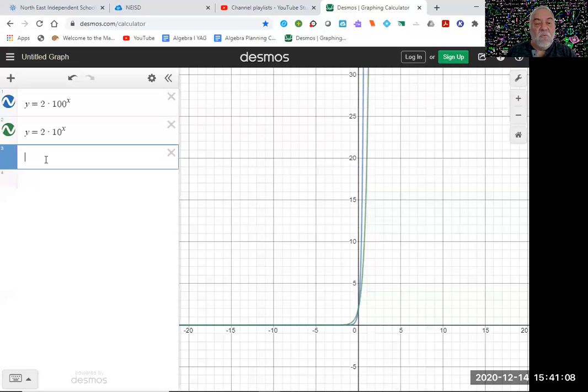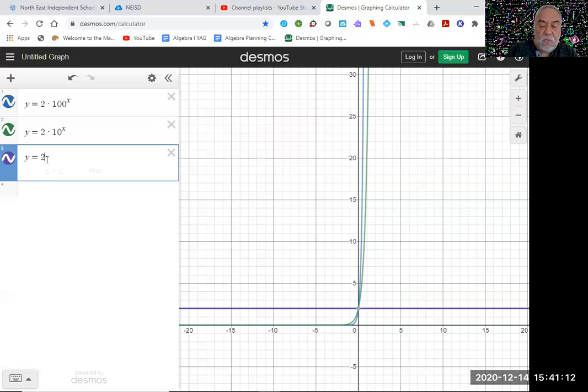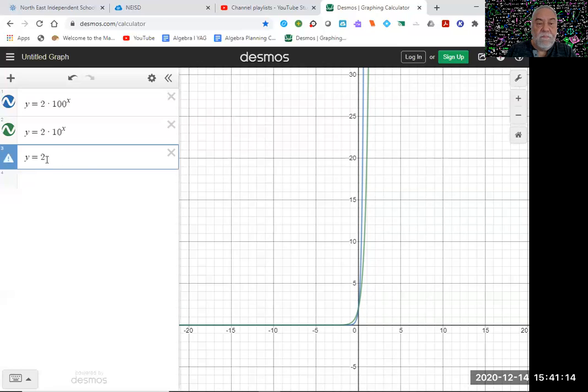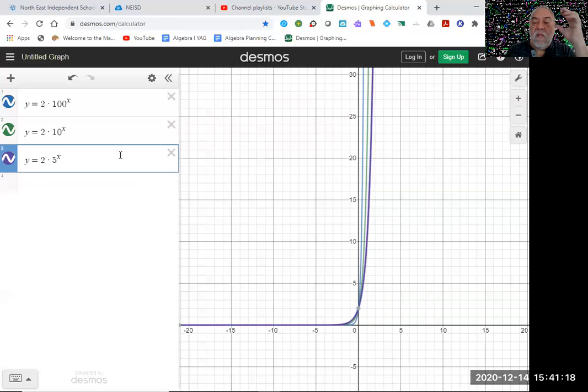Okay, let's do another one. Y is equal to 2 times 5 to the x. Now when x equals 1, y equals 2 times 5, which is 10. So it goes right there.